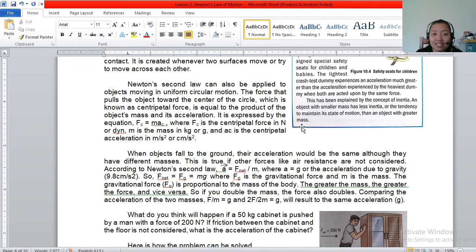So, it can be expressed the same as our formula for the law of acceleration, but using centripetal force: force F, centripetal force, is equivalent to mass times centripetal acceleration. So, we use it the same way.